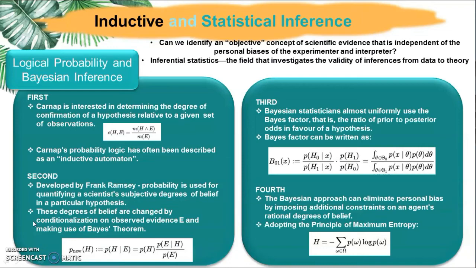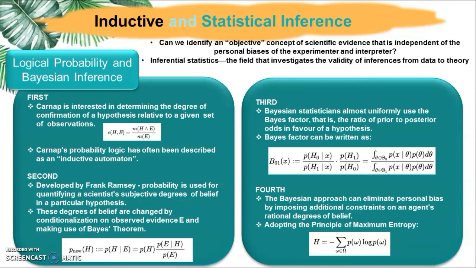These degrees of belief are changed by conditionalization on observed evidence E, making use of the Bayes theorem. And this is the Bayes theorem that Frank Ramsey developed.